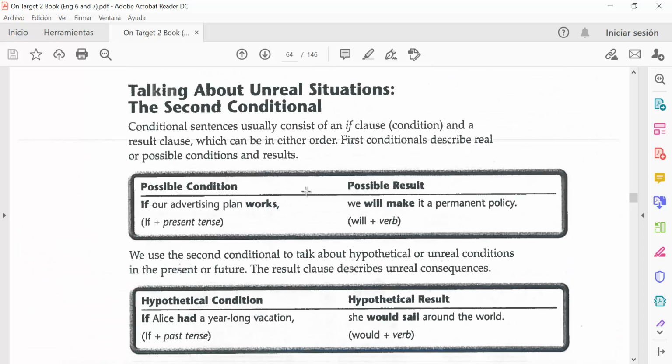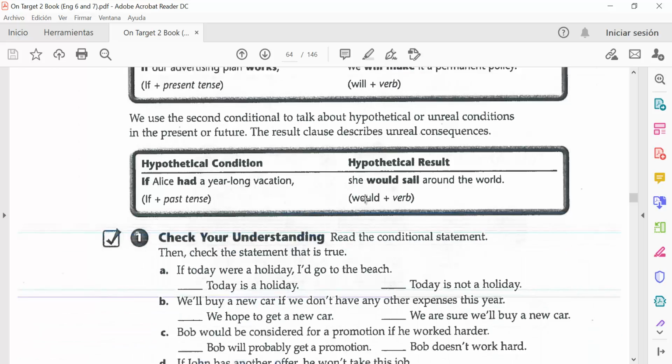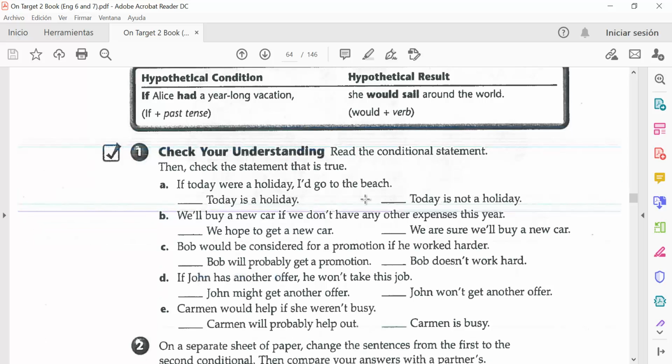Now, I want you to go over this information, repeat the video if it is necessary, and I want you to think about this little exercise, just for you to check your understanding, okay? And now, let's do the number one. It says, if today were a holiday.